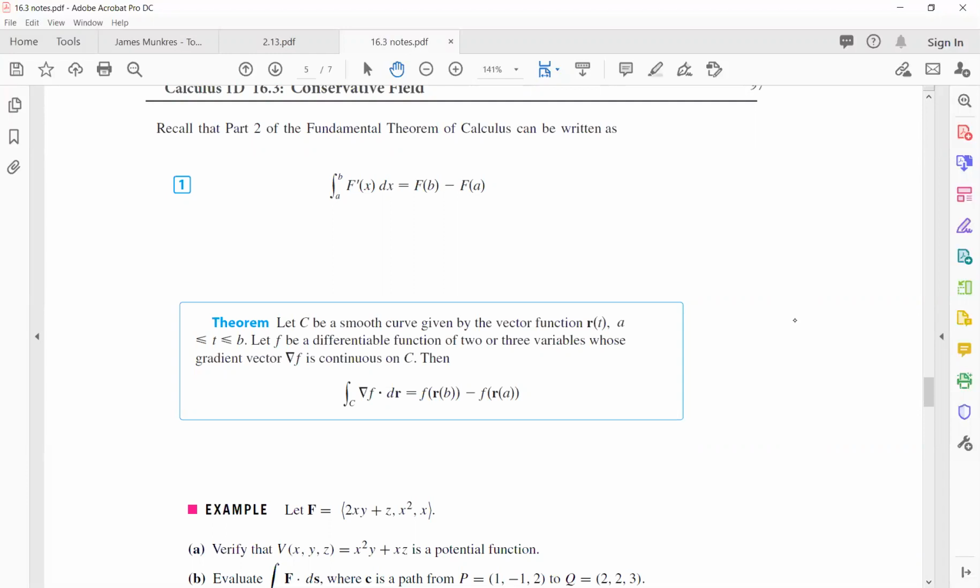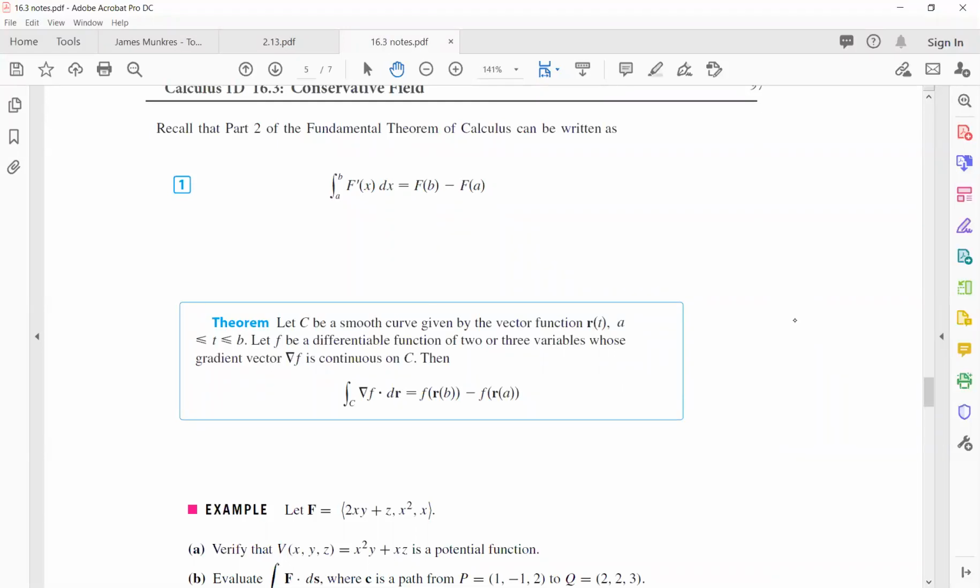And the gradient vector, gradient f, scalar function, is continuous on C. Then the integral of gradient of f, inner product, the derivative of vector function r, is equal to f at r, substitute for b, minus f at r when t is equal to a.